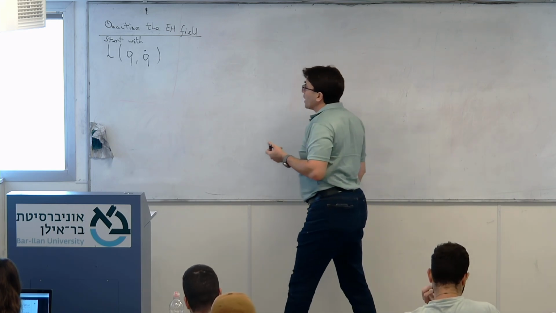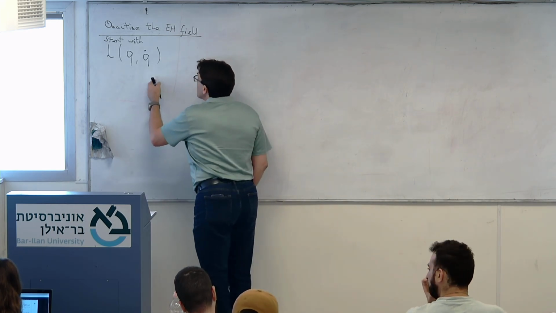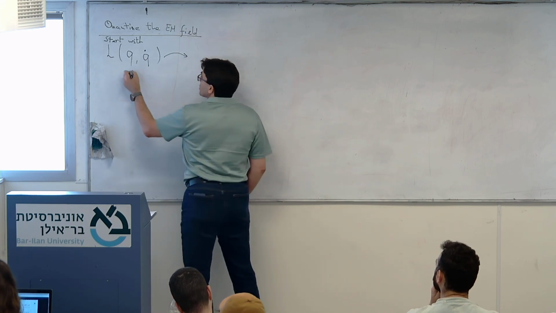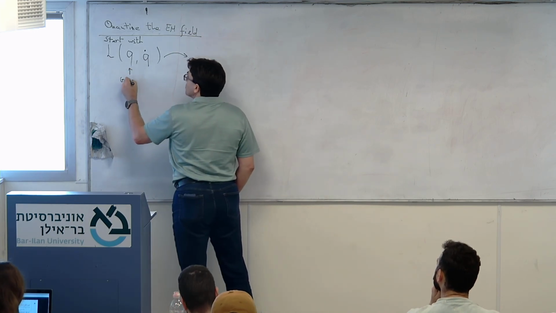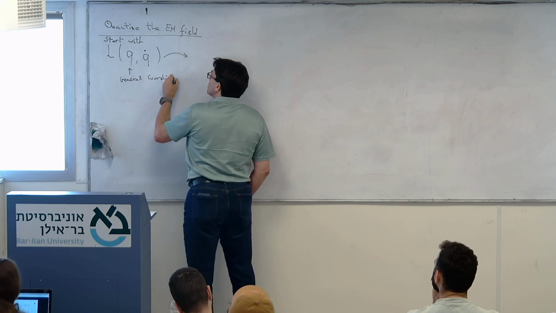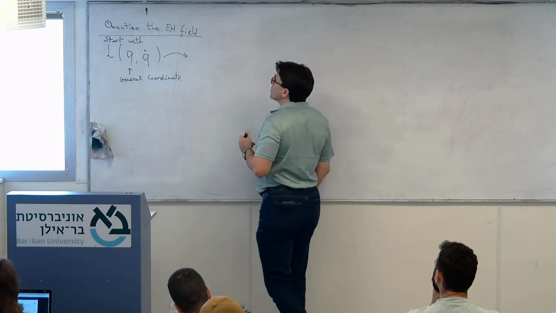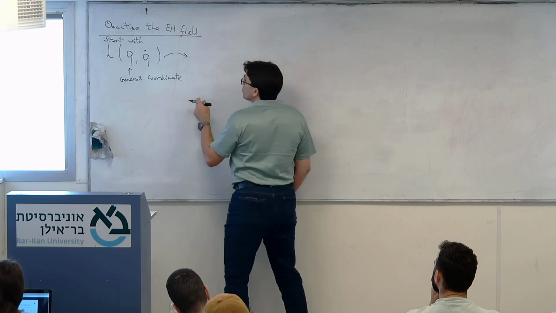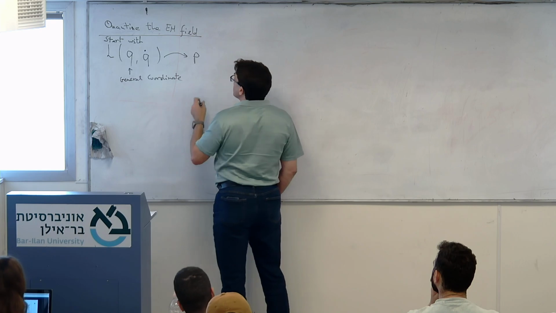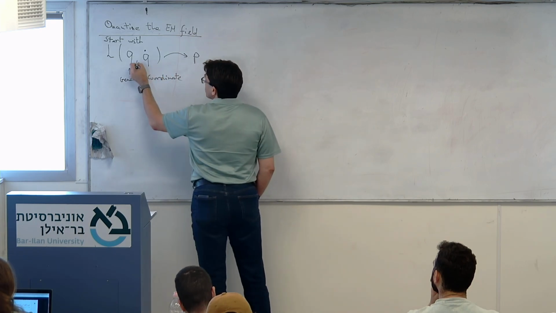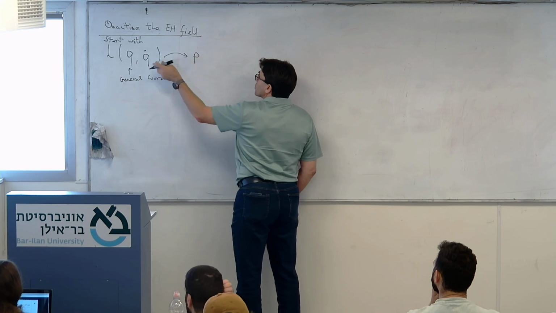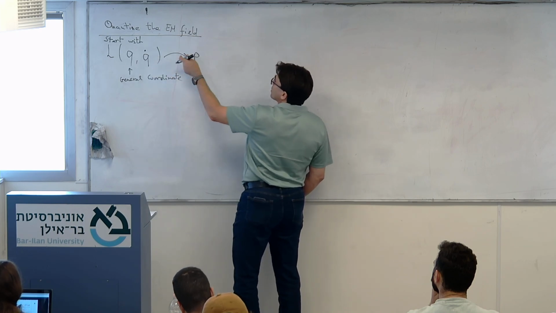Why do I want to do that? Because this will allow me to find the momenta. So if this is a general coordinate, then we can identify the momentum of, I don't know, of course, there could be several coordinates, and then there would be several momenta.